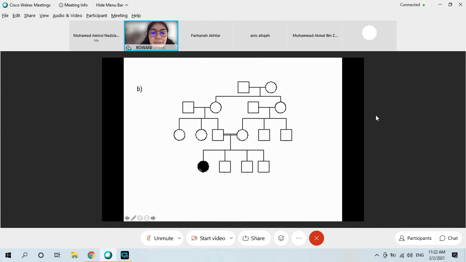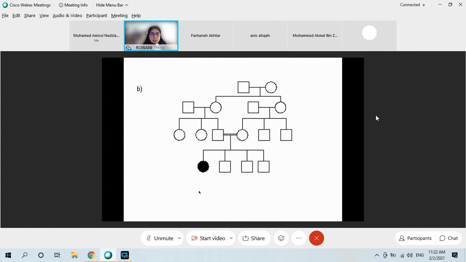A solid rounded structure, what does this mean? Female is affected. One female is affected by a disease. We don't know it's an anomaly, it's a disease. Right.